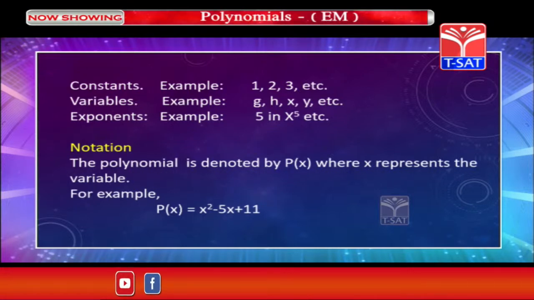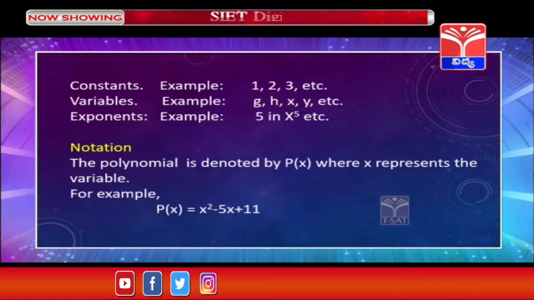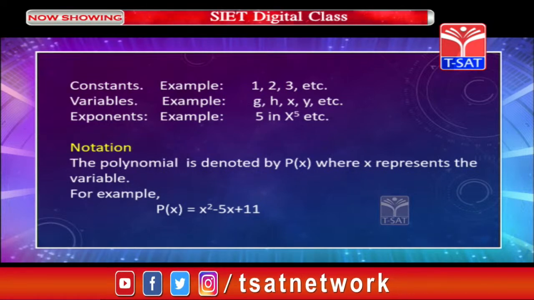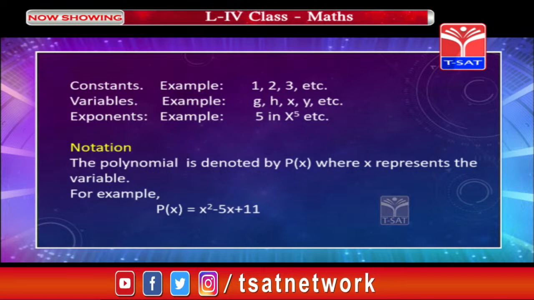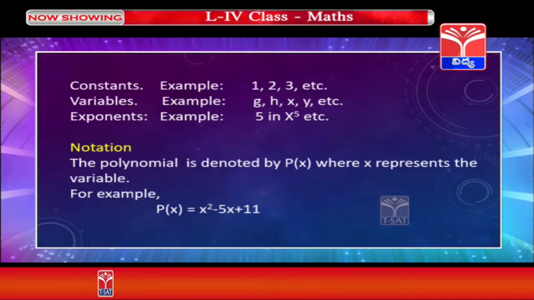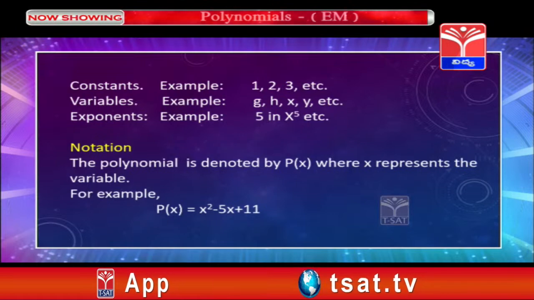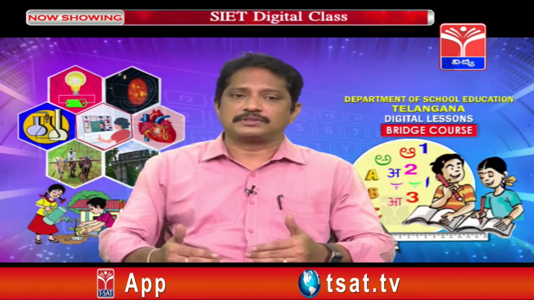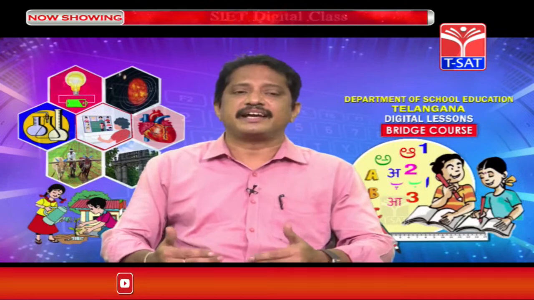Next is exponents, for example x to the power of 5. Here 5 is an exponent, like in 3x square, all this comes under exponents. So, in an algebraic expression we have constants, variables, exponents.